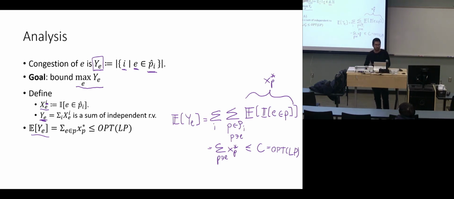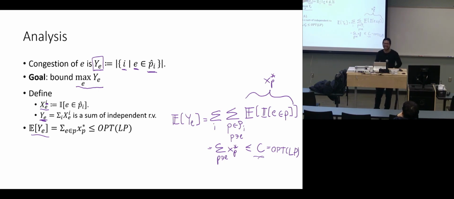So in expectation the congestion is at most opt of LP. And when you want to use Chernoff bound, normally, for any random variable that is a sum of independent things, it shouldn't be more than its expectation by a log n factor. This should happen with high probability from Chernoff.